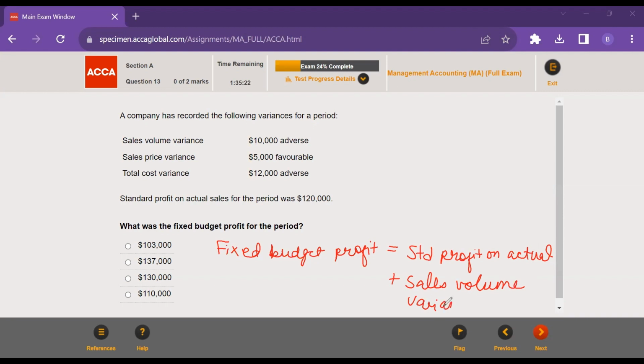So I just have to add these both figures that are given to me over here. I can see that my standard profit is given to be 120,000, and I have to add my sales volume variance, which is 10,000 adverse. So my answer will be 120,000 plus 10,000, and this will give me my answer as 130,000. So I will mark this and I will move on to the next question.